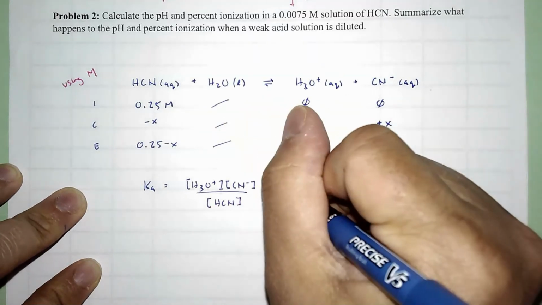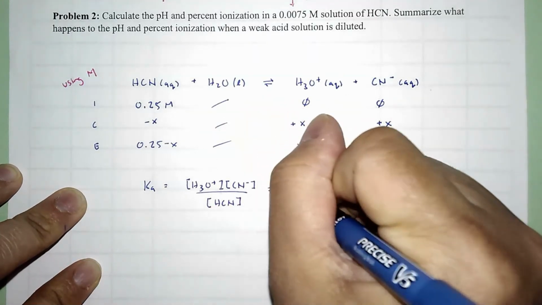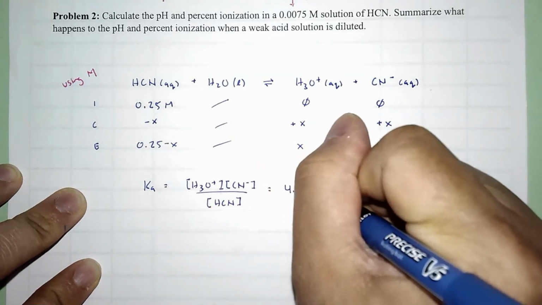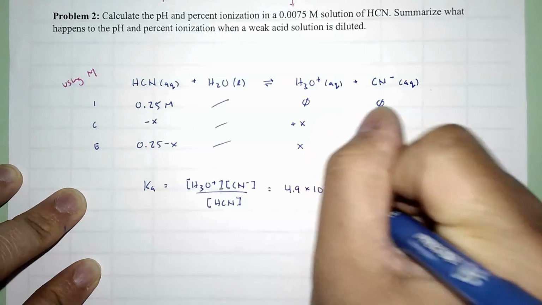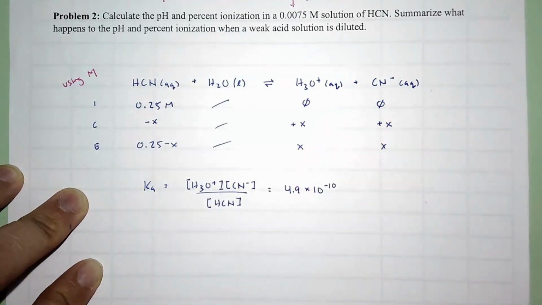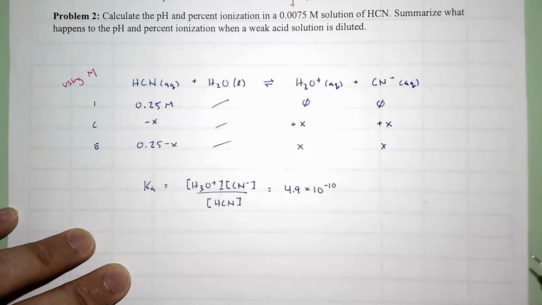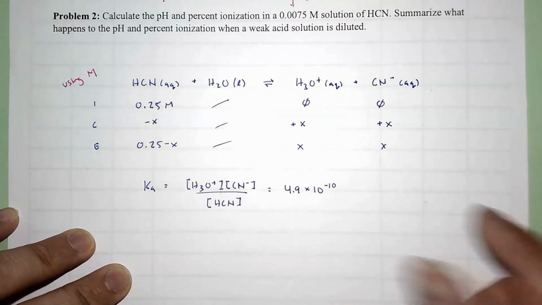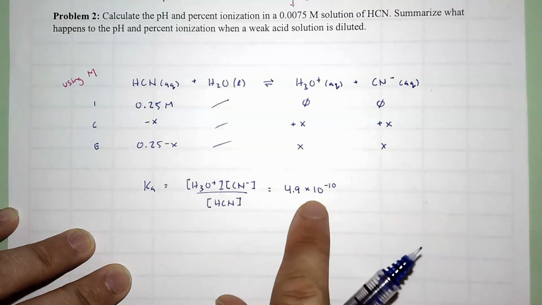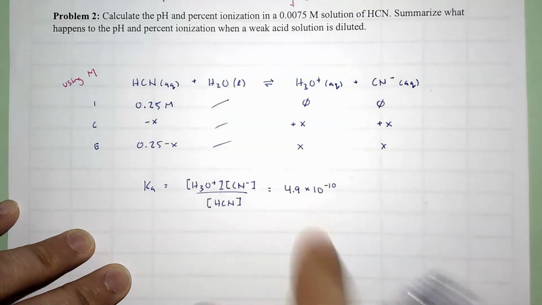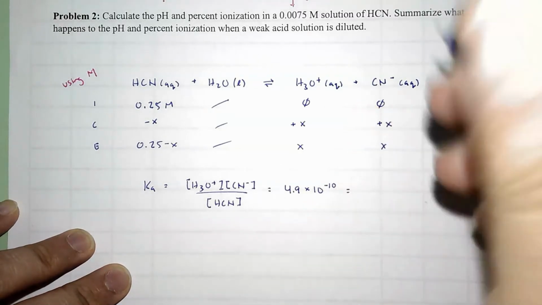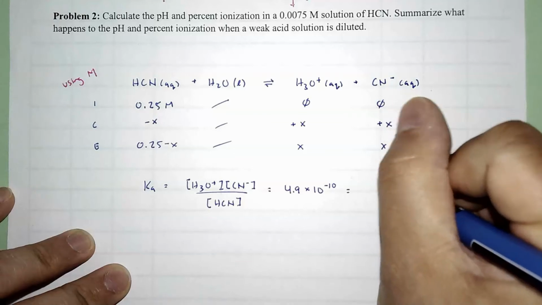And we are given a Ka. And yes, just like for equilibrium ICE tables, we can use the x is small approximation. We're going to guess it's valid, and then we'll verify it later, because it's such a low Ka, 10 to the minus 10. But let me show you the setup first.